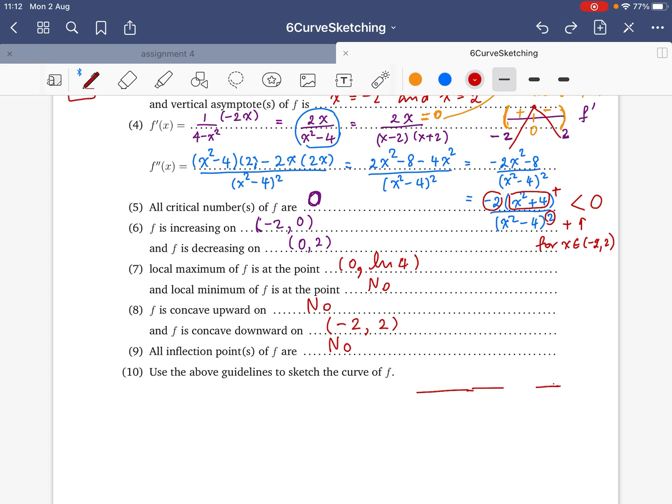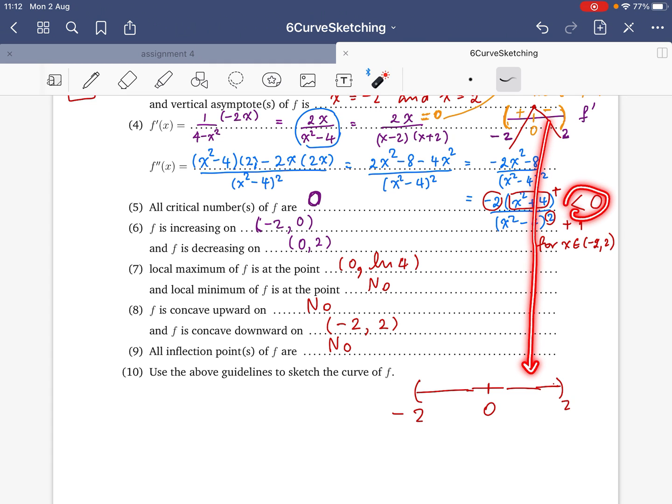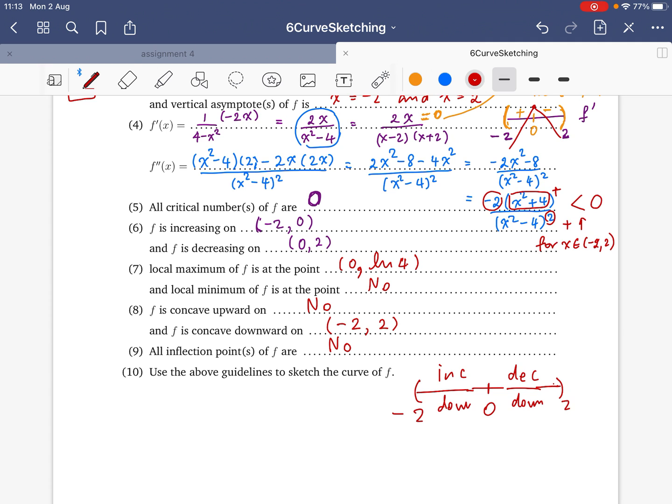So let me do it here. Negative 2 to 2, and then you have a 0 here. Beyond 0 we have decreasing and always concave down, and before 0 we have increasing and concave down.